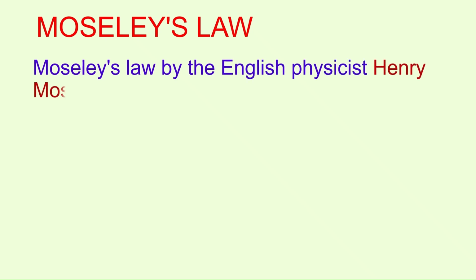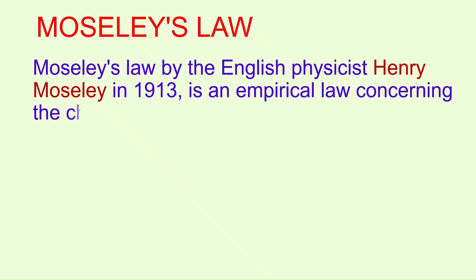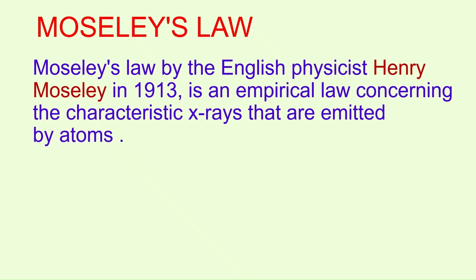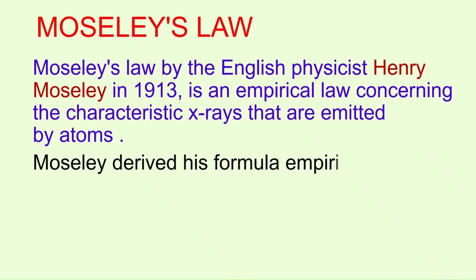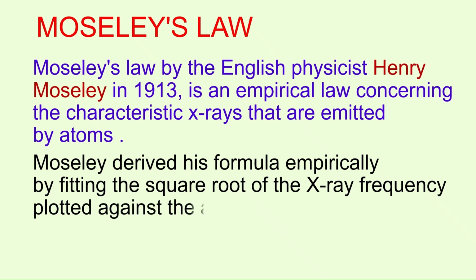Moseley's Law. Moseley's Law, by the English physicist Henry Moseley in 1913, is an empirical law concerning the characteristic X-rays that are emitted by atoms. Moseley derived his formula empirically by fitting the square root of the X-ray frequency plotted against the atomic number of the target materials.